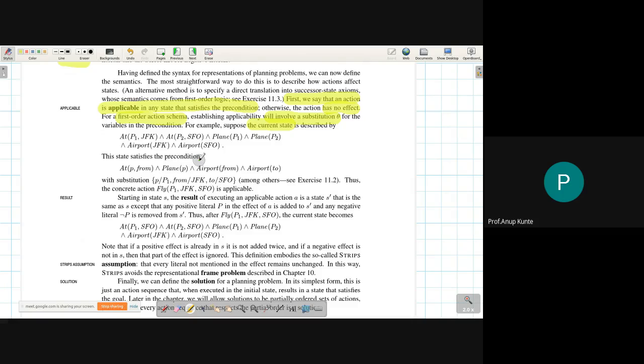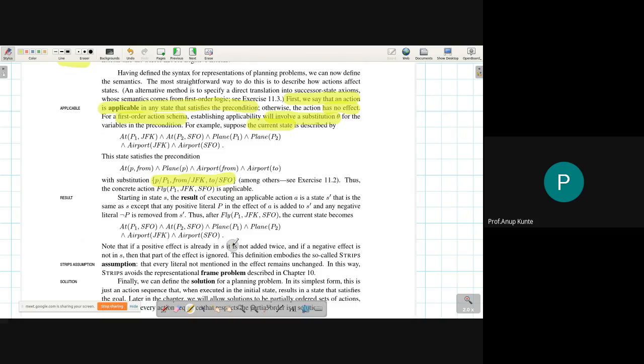This state satisfies the precondition At(p, from) with Plane(p), Airport(from), Airport(to), where the substitution that I use for the variables is p is P1, from is JFK, and to is SFO. So this is nothing but the unification procedure that we learned. We just use substitution in order to satisfy the precondition.